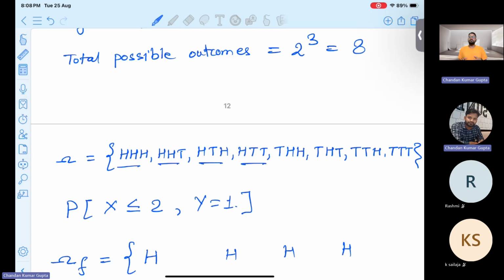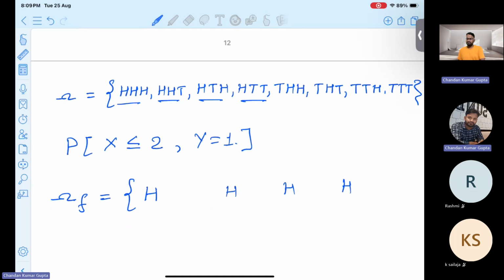The maximum number of possible outcomes in our favor is these 4. Out of these, X is either equal to 2 or less than 2, so this one is not going to be part of the favorable events. The rest 3 are head, head, tail; head, tail, head; and head, tail, tail.